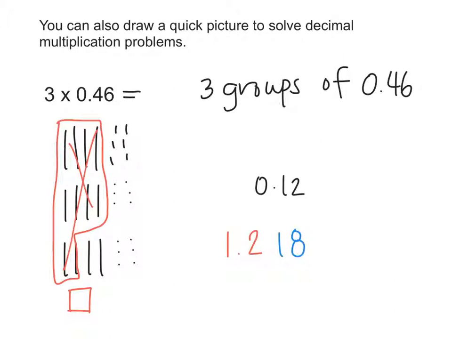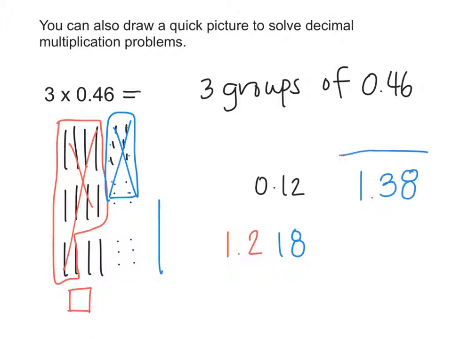Turn them into 1. Okay, 1, 2, 3, 4, 5, 6, 7, 8, 9, 10. Here's 10 hundredths. I'm going to cross them out, and you said I can trade them in for what? 1/10. Okay. Now let's see what I have. How many ones do I have? 1. How many tenths do I have? How many hundredths do I have? So therefore, 3 times 46 hundredths, or 3 groups of 46 hundredths, is equal to 1 and 38 hundredths. Very good.